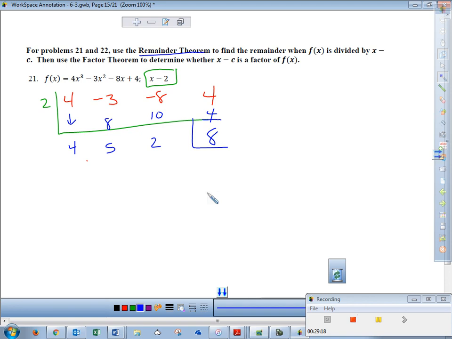What did you get for a remainder? You should have gotten 8 for a remainder. Is 2 a root of this situation, yes or no? So then we write this down. X minus 2, my bad, as a quantity is not a factor of f of x because the remainder is not 0.